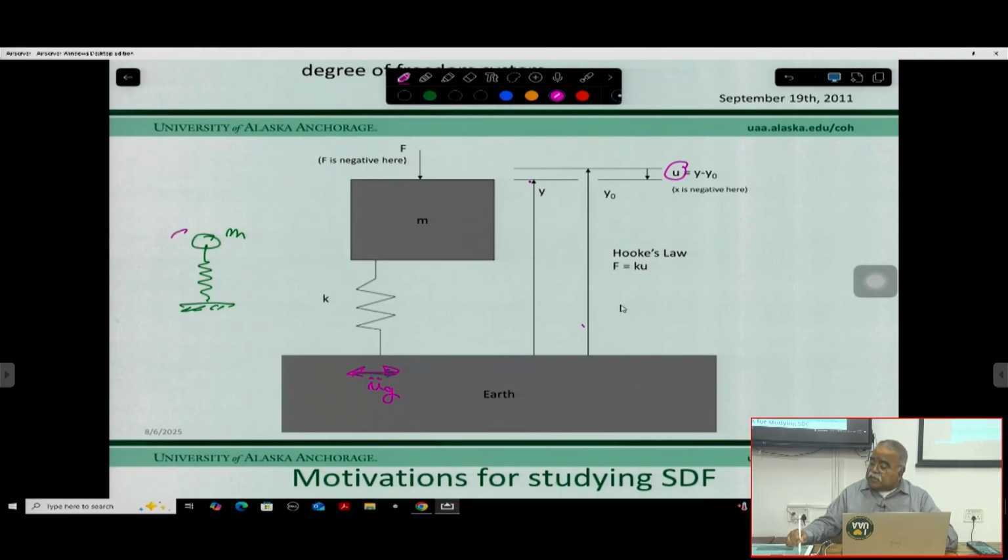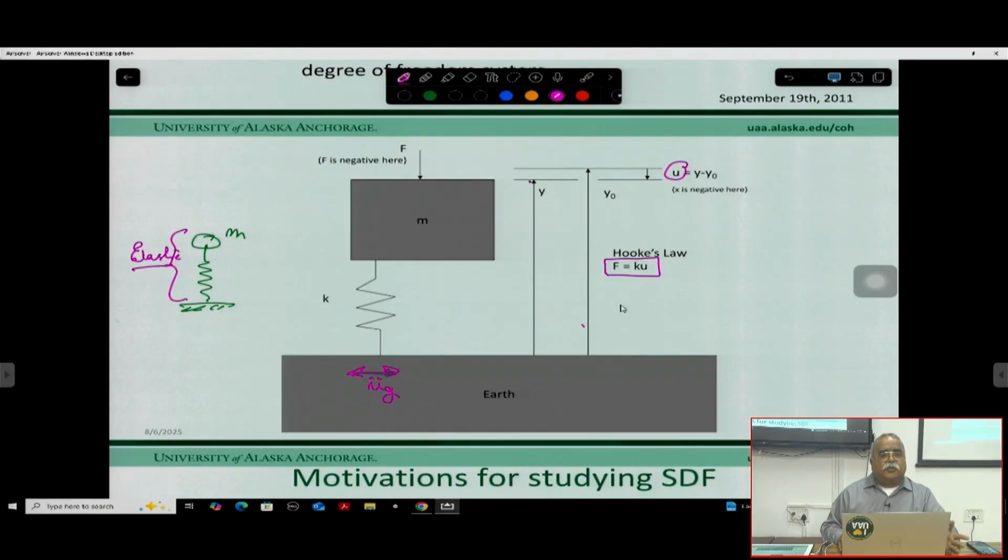That's the displacement, since it's a spring-mass system. So this is what we call an elastic system. If it is an elastic system and there is a displacement u, then according to Hooke's law, this force will equal k times u, right? So u is the displacement, and this is the spring force.